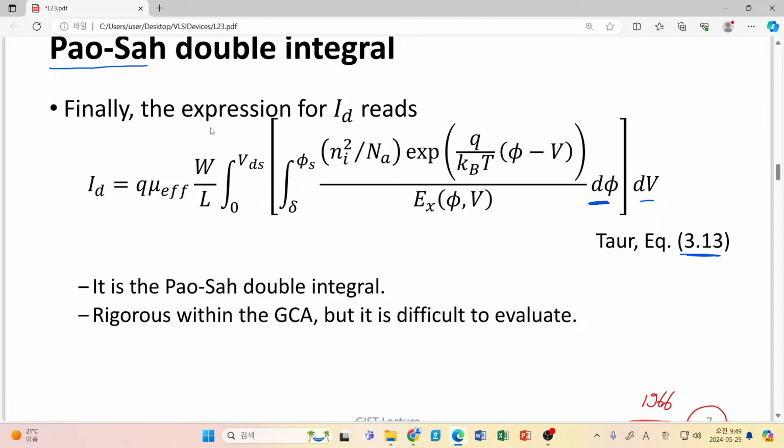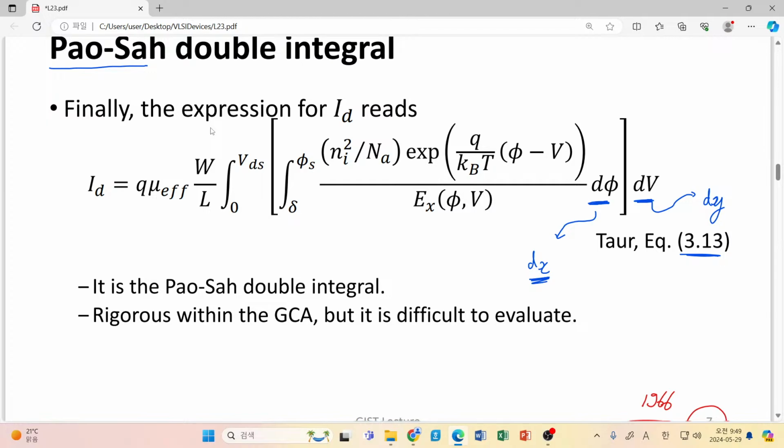And here d phi, although written as d phi, what is the key point of this d phi integral? This d phi integral corresponds to the x-directional integral. And this dv integral, although it is written as a dv integral, is actually originated from the dy integral.